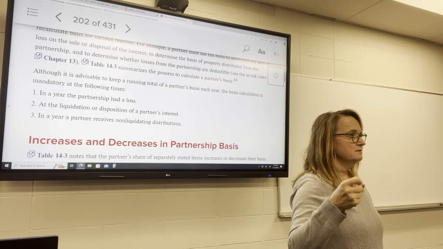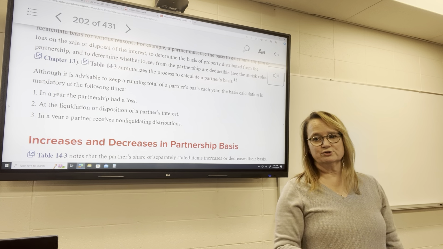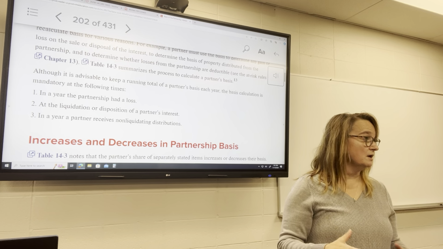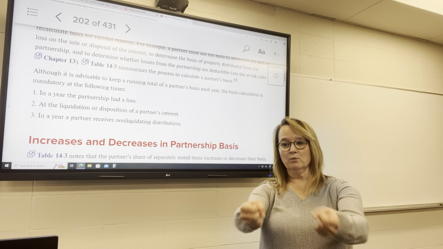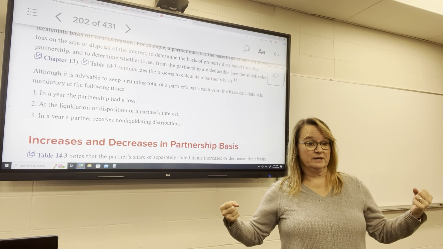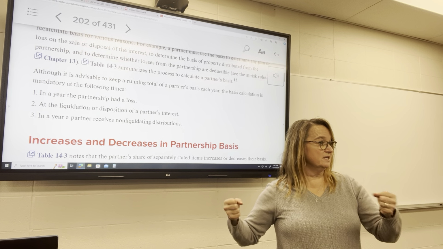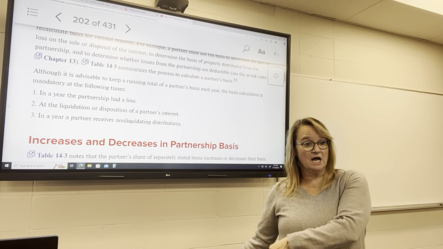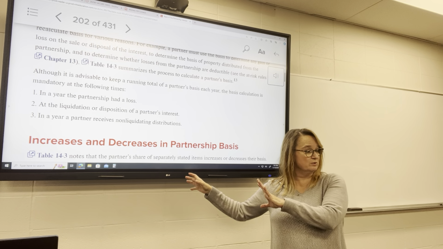If we sell one of those shares of stock and we don't have a gain or loss on it, we're just getting our money back out of it. Kind of like a savings account too. When we're depositing money into a savings account and then we're pulling it out, we're not taxed on that because that's just our money that we're getting back, right? It's just that it changed location for a little while. It was in the savings account and now it's not in the savings account. It's the same sort of thing with a partnership.